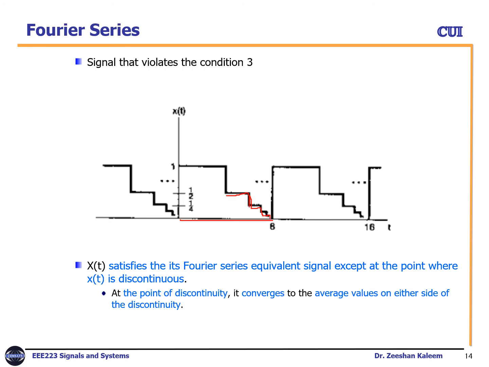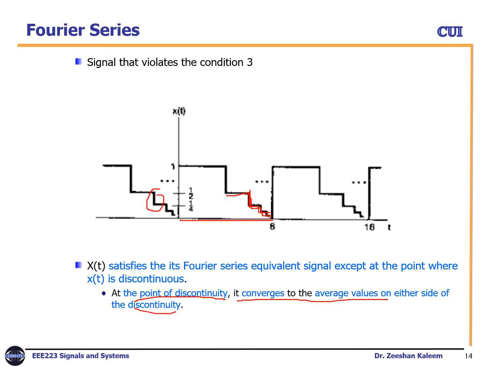These steps are actually the discontinuities, so their discontinuities are infinite. x3 satisfies that its Fourier series is equivalent to the signal except at the points where x3 is discontinuous. So we can't find the Fourier series coefficients at those discontinuous points. At the point of discontinuity, it converges to the average value of either side of the discontinuity.